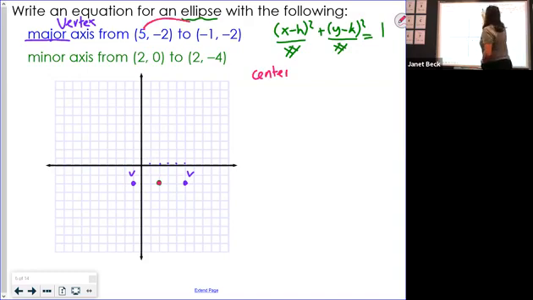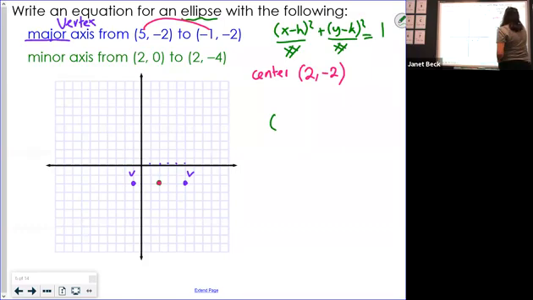It's halfway between 5 and -1. It's at 2, -2. So I can already put some of the information in. X minus 2 squared plus y plus 2 squared, subtracting -2, equals 1.